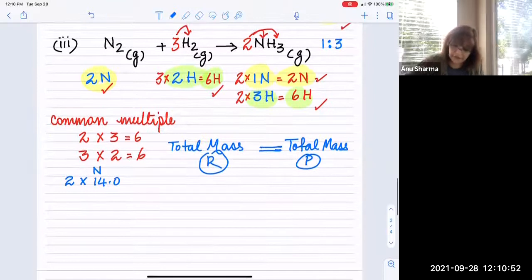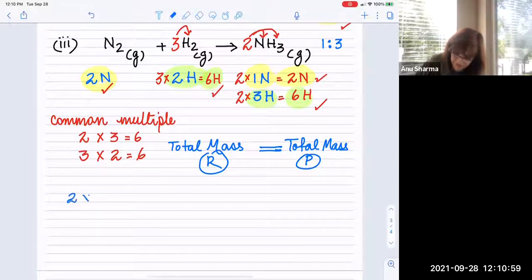All right, so let's look at the masses. We have 2 nitrogens, so 2 times 14 for the nitrogen.